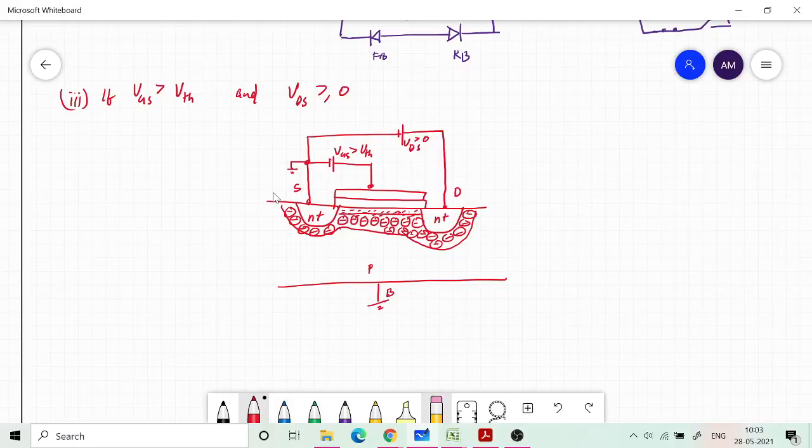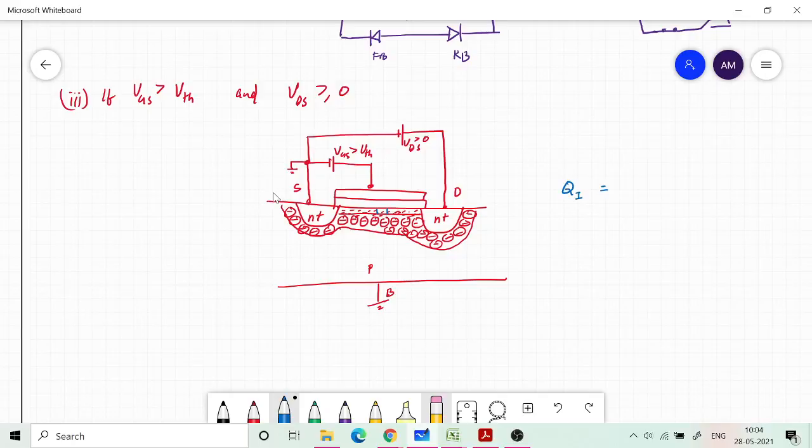Okay, and since VGS is greater than VTH, you have an inversion layer and a lot of negative charges, which are electrons, on the top of this depletion region that I have shown here. Now what is going to happen is that when you apply potentials, the inversion layer will have some amount of charge, and let me denote that charge as Qi.